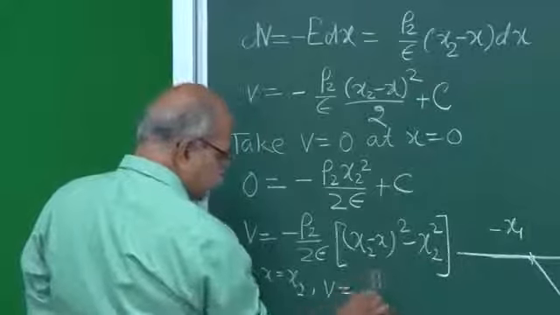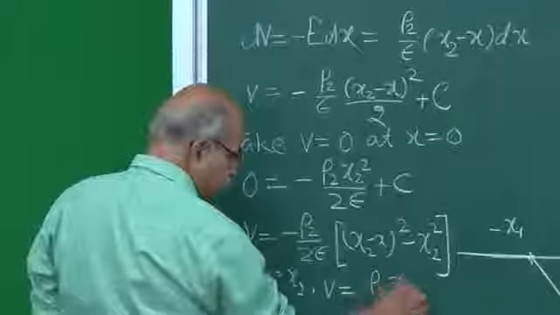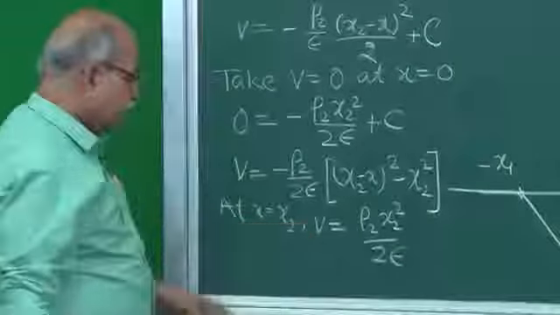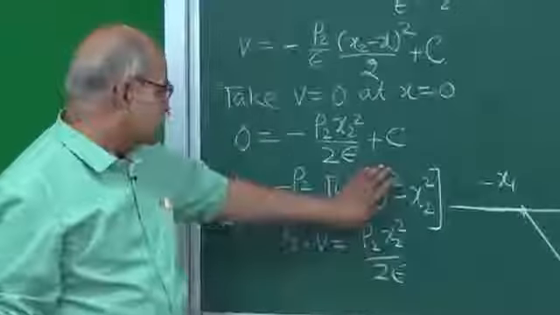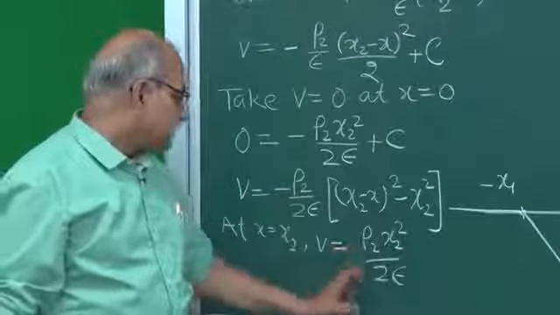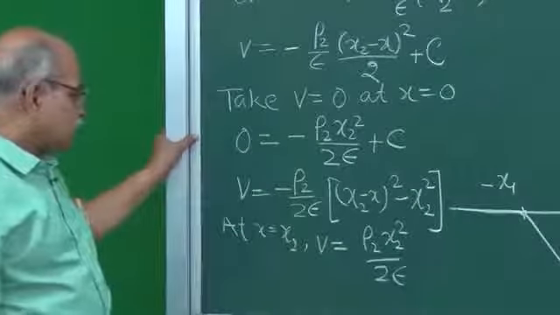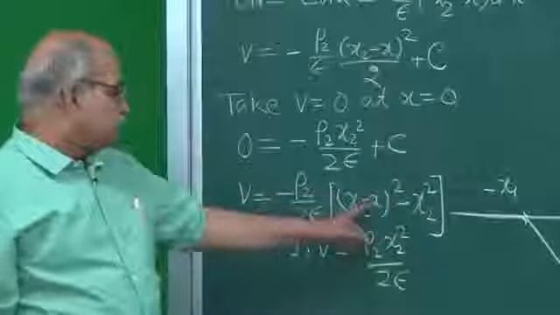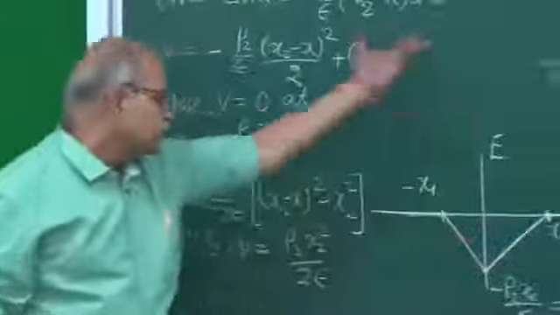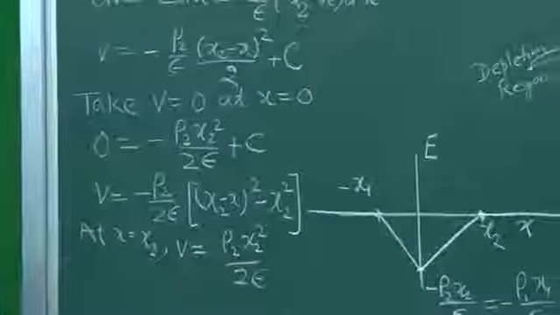So it will be rho 2 x2 square over 2 epsilon. You put x equal to x2, so this is 0, this is plus rho 2 x2 square by 2 epsilon. It's a quadratic function. It should be. If the electric field is linear, then the potential has to be quadratic.